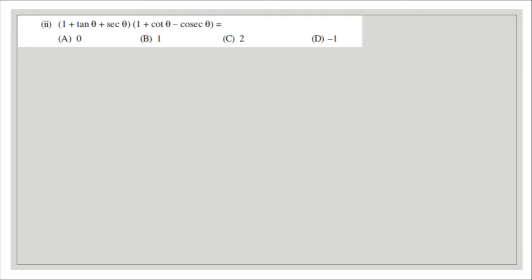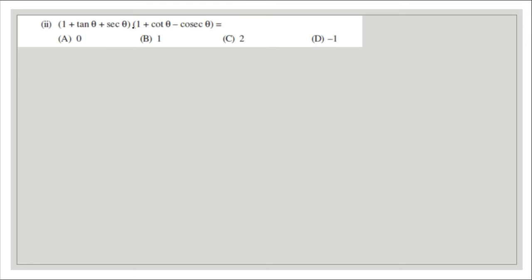Second one, we have given 1 plus tan theta plus secant theta multiplied by 1 plus cot theta minus cosecant theta. What I do is, I'll just multiply them.